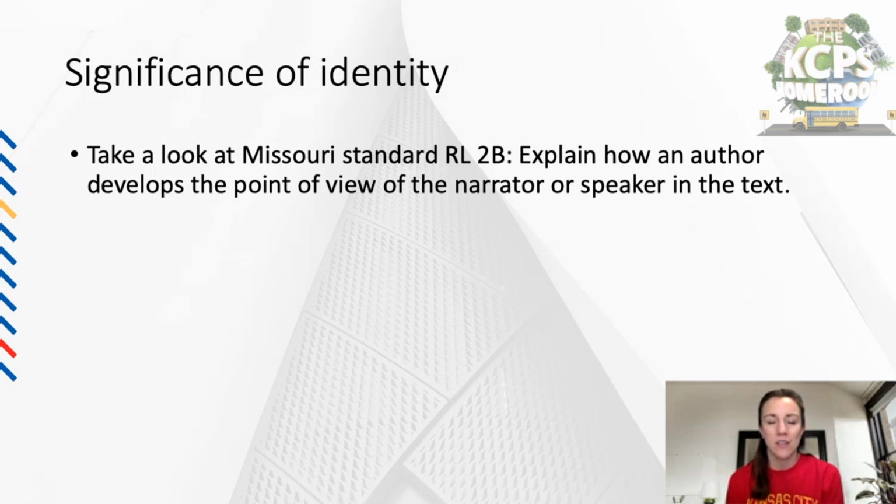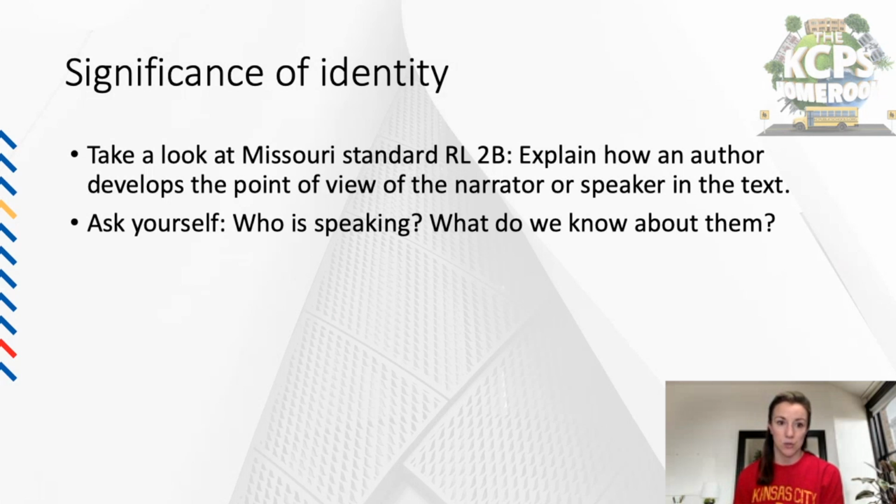For the 6th grade, and there's an equivalent for 5th, we're looking at the Missouri Standard RL2B, which states, explain how an author develops the point of view of a narrator or speaker in a text. That's exactly what we're going to be looking at today with this Chinese story.